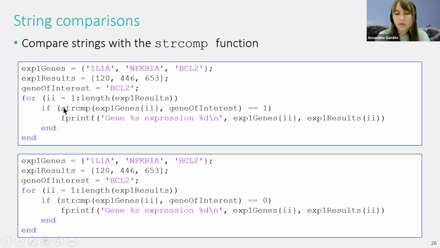You can write it explicitly, so you want this condition to be true and then it runs that, or you want this condition to be false, in which case it runs this for all the other genes than the one you indicated. That's the way to say, I want to print everything but that value.